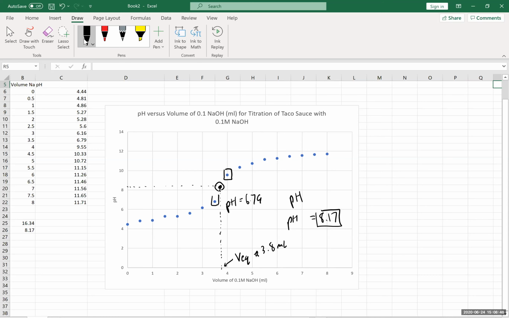So it equals our first pH, which we read off from our graph to be 9.55, plus our second pH from our second inflection point, which was 6.79. If we add these two numbers together and take the average, we get a pH at the equivalence point of 8.17.